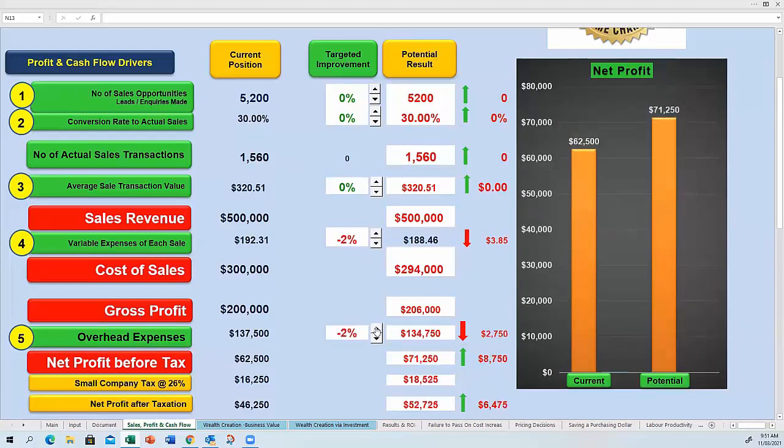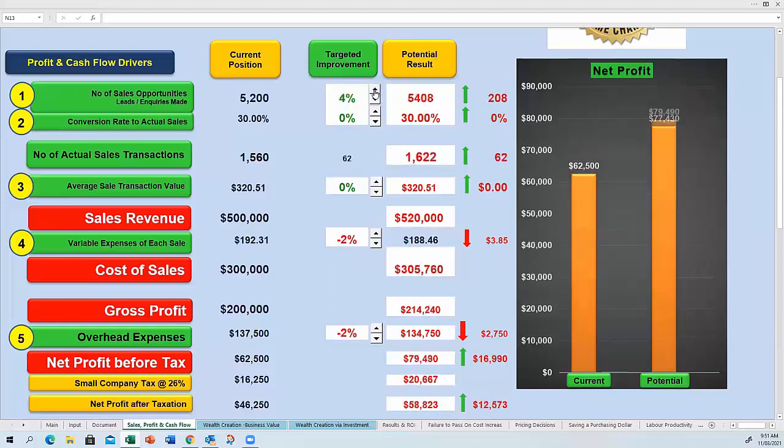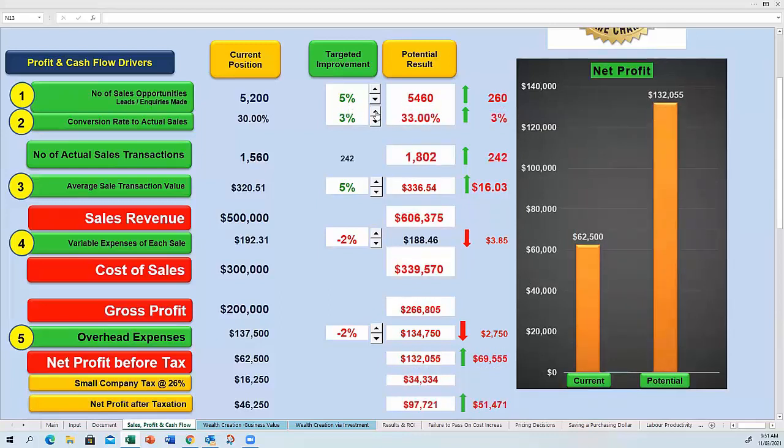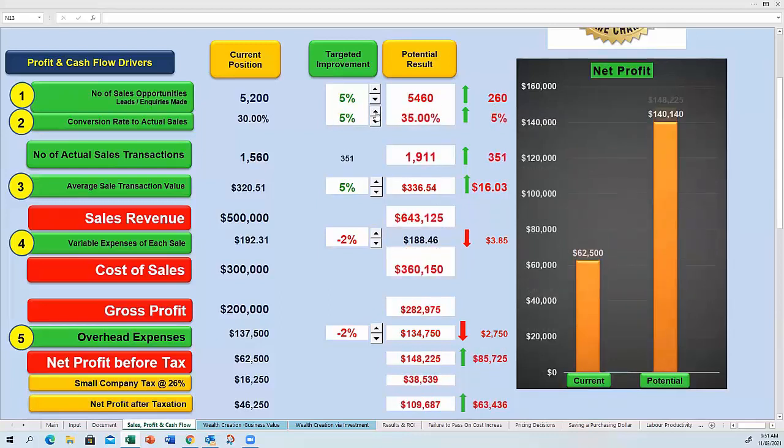General overheads, 2% improvements there. The number of sales opportunities, we're going to move up to 5%. Our average sale transaction to 5%. And our conversion rate of those sales opportunities, we're going to increase that so the percentage comes up to 35%, or 35 in every 100.